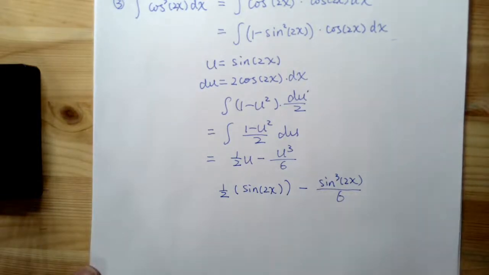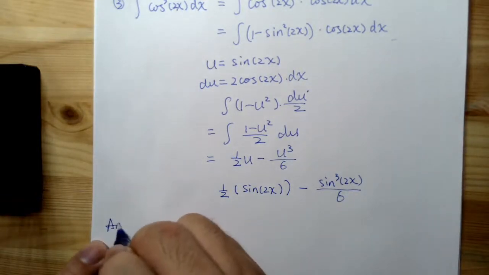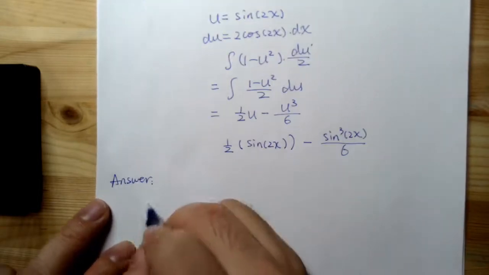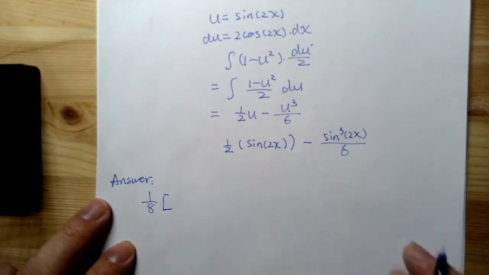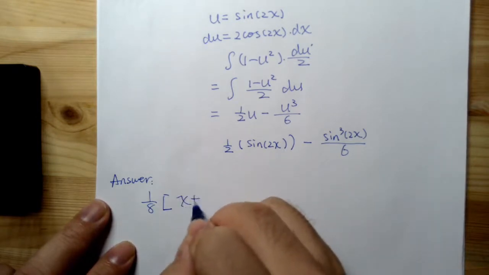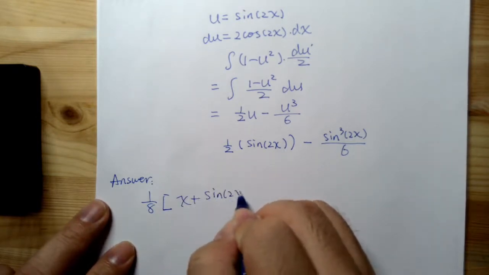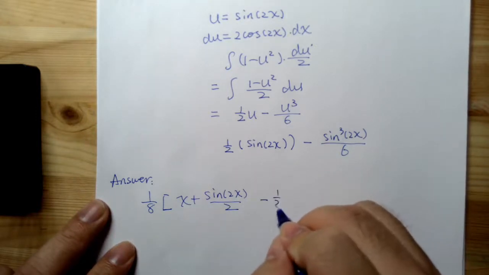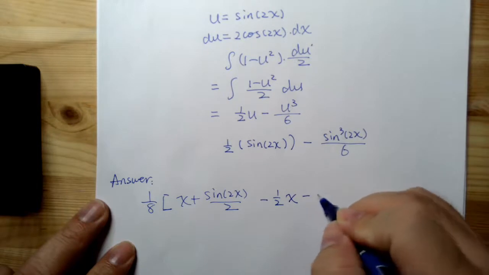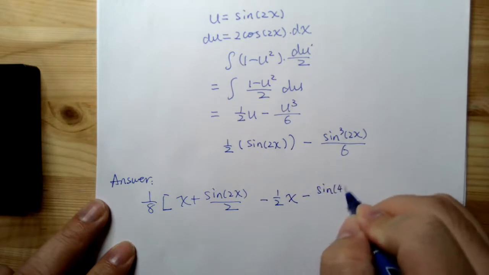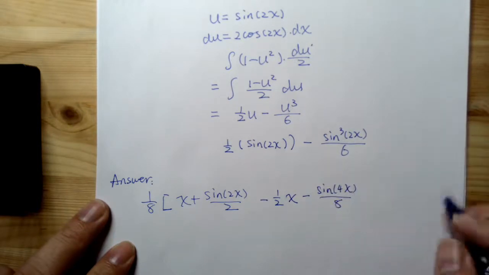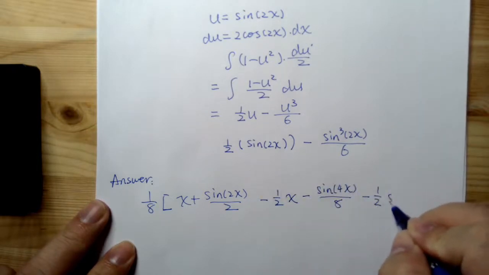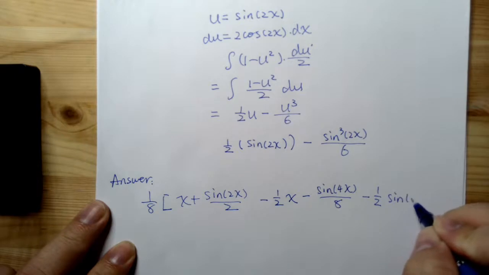So now we can put everything back. Our final answer is going to be pretty long here. It's going to be 1 over 8 bracket: x plus sine of 2x over 2, and then minus half x minus sine 4x over 8, and then also minus half sine 2x.